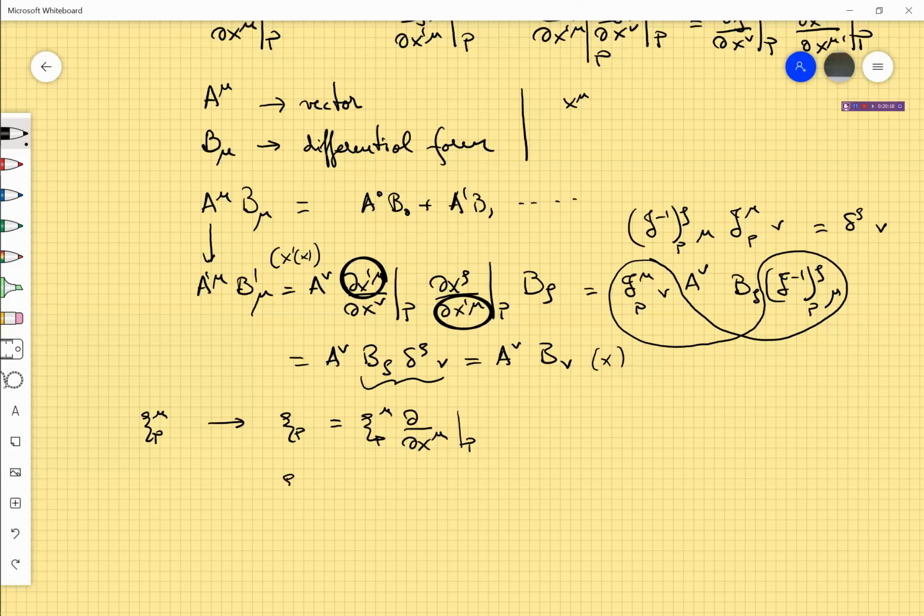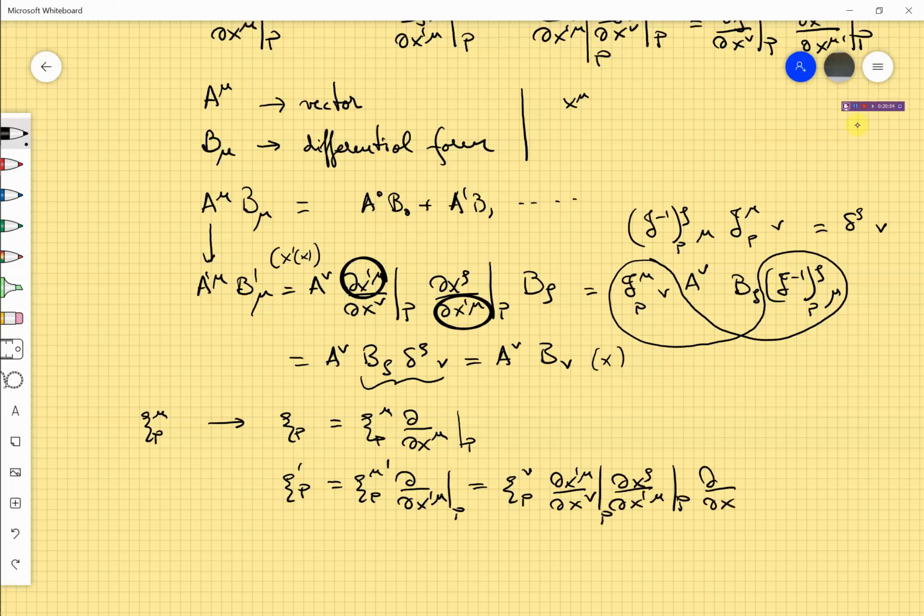So if I am in a prime coordinate system, so these are the prime components, by definition of the covariant transformation law, this is x mu prime over dx nu, and using the chain rule, all this should be evaluated at P, and then partial x rho.